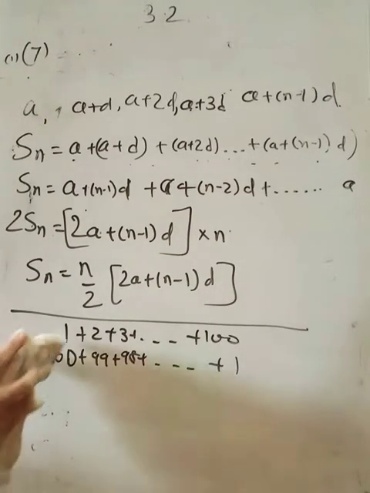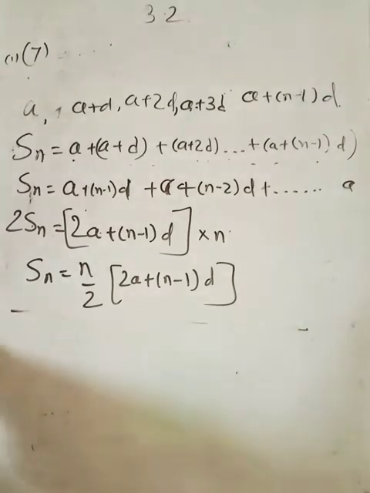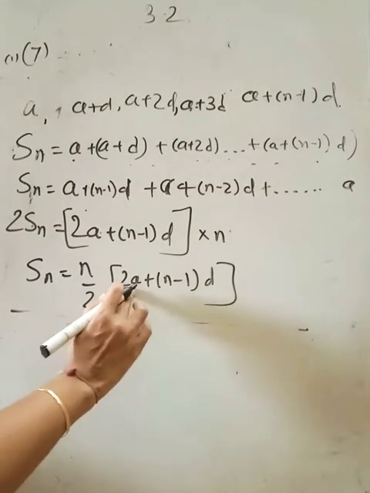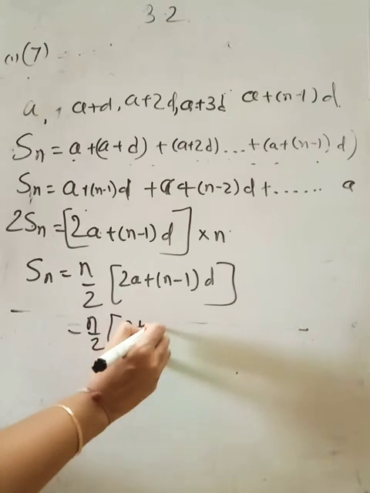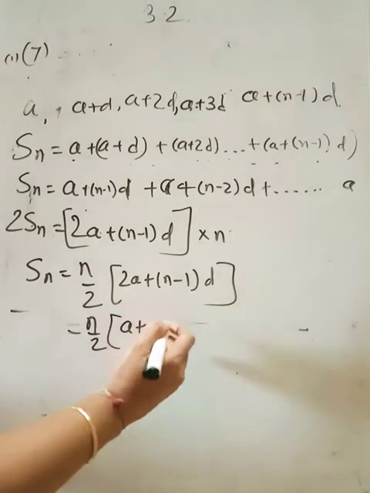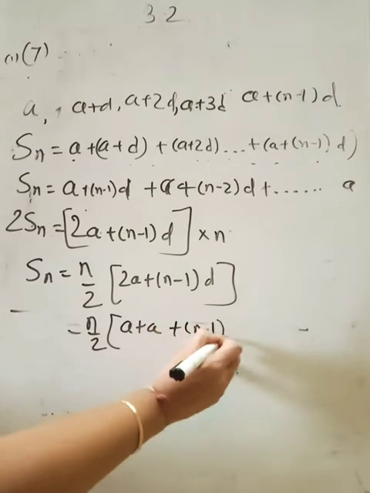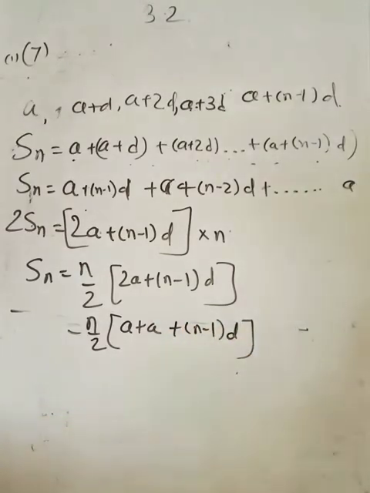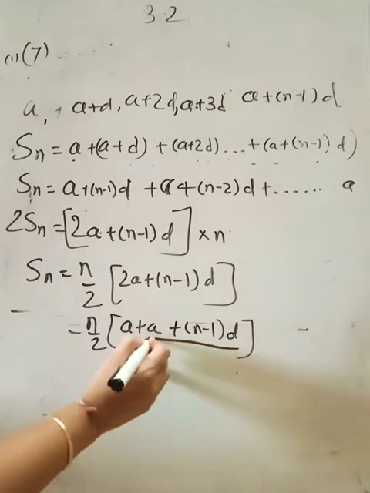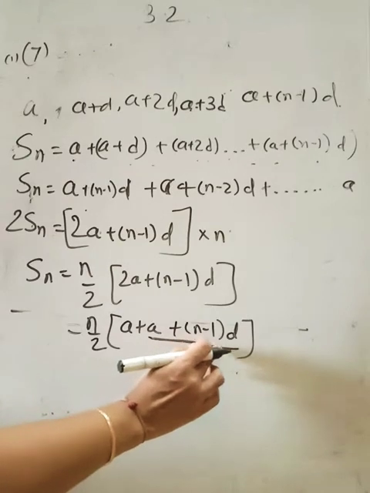Now I am deriving one more formula. Just observe children. Fantastic way. Now children, this a plus a, 2a, I can write down as a plus a, apple plus apple, 2 apple. बाकी सब ऐसे ही लिखती हूँ, no problem. Now children, is this part known to you? a plus n minus 1 into d.